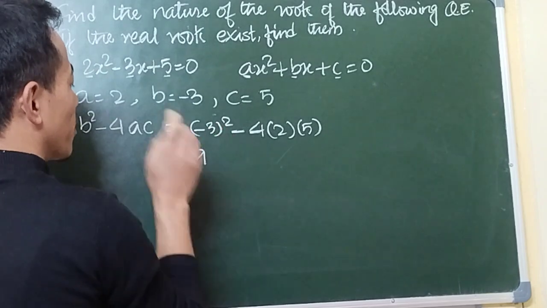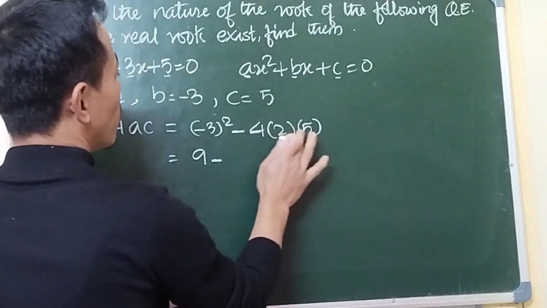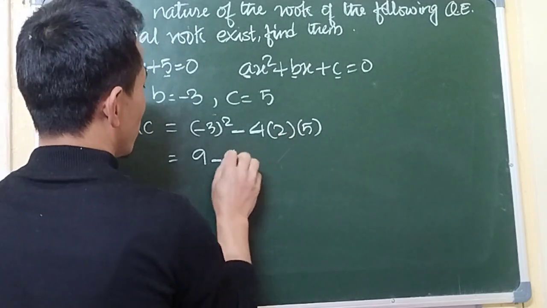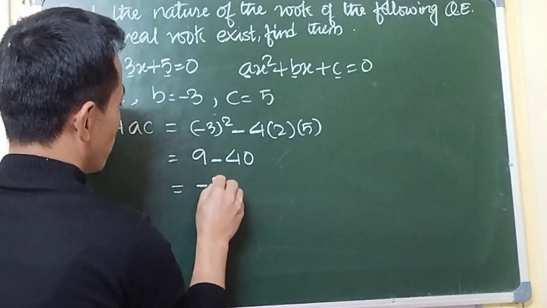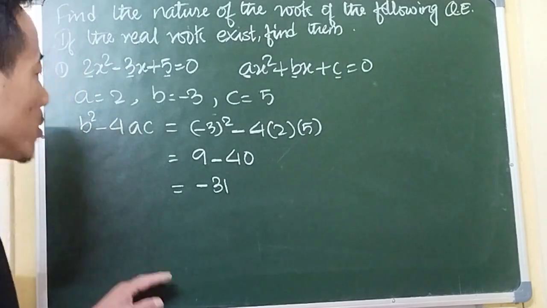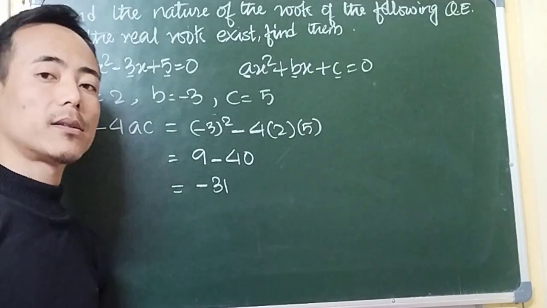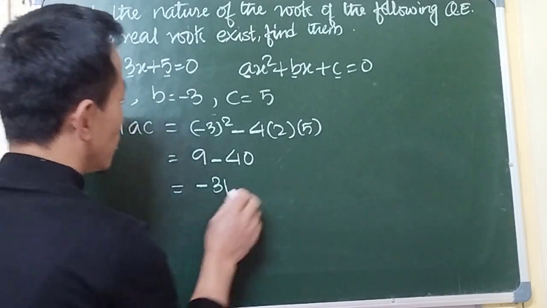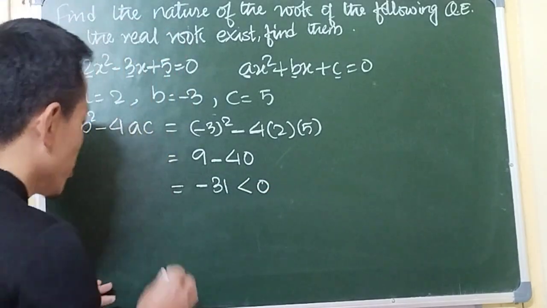Remember, minus square becomes plus, minus into minus is plus, minus 4 into 5 is 20, 20 into 2 is 40. So 9 minus 40 will give us minus 31. So this value b square minus 4ac is coming minus 31, and this minus 31 is less than 0. Now what was the condition?